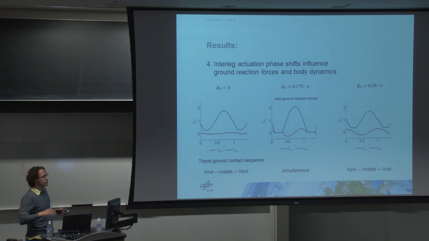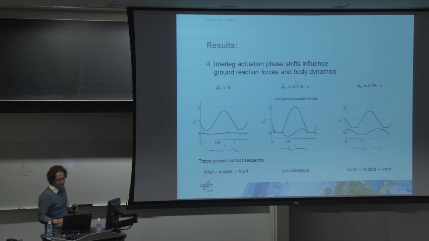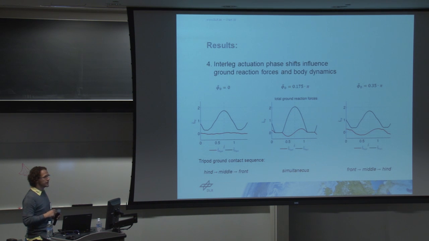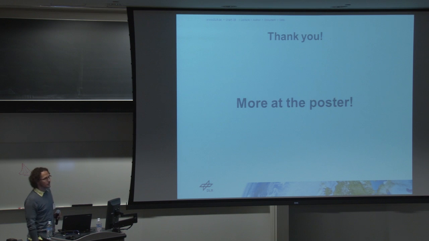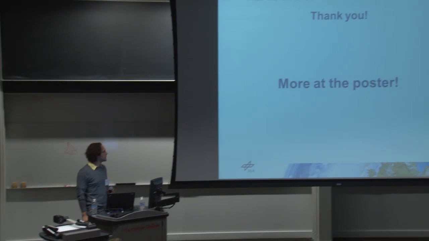So you have very smooth force curves. And another interesting fact is that the pitch oscillations of the body almost decay to 0 in this case. If we further increase the phase shift, we go back to double support phase, no more flight phase, and we see again a pronounced fore-aft force. Well, this has some implications, and I'm happy to talk to you about these at the poster.